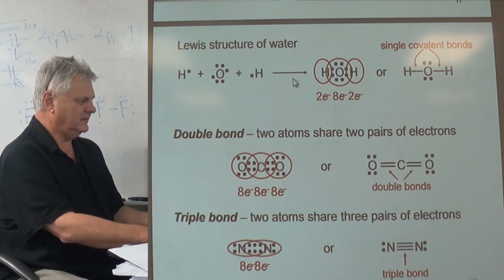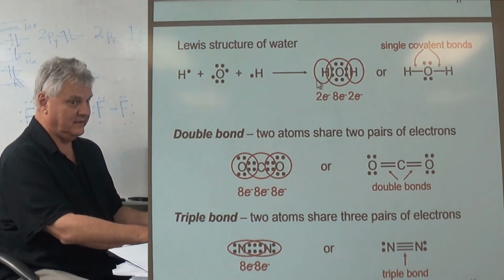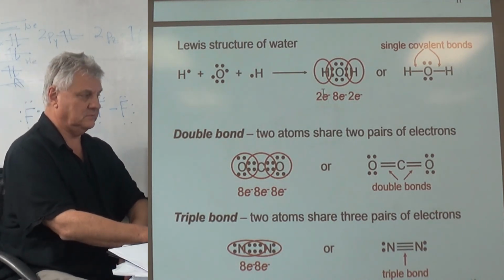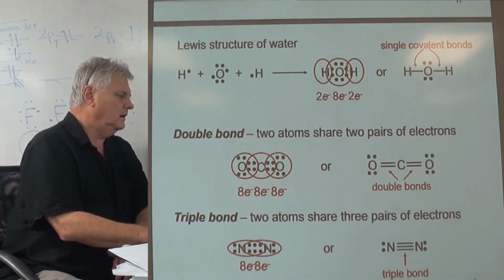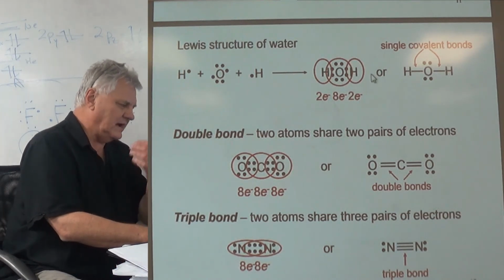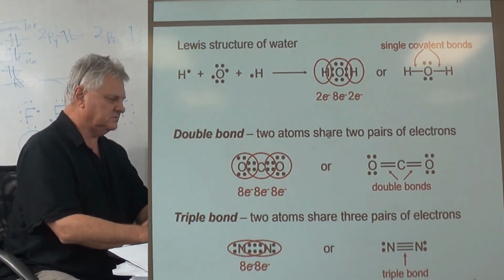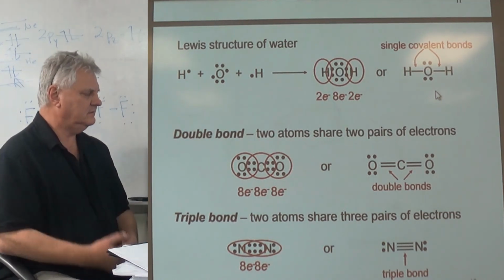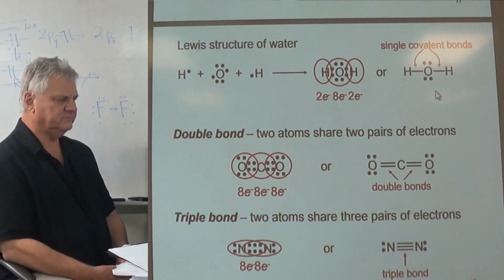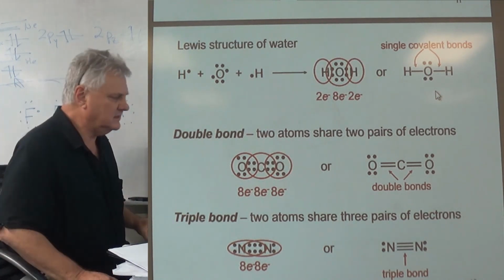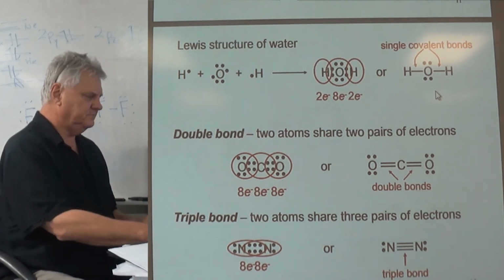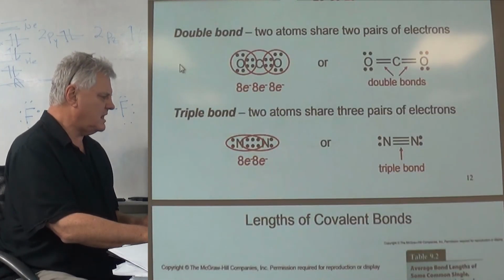The hydrogen really has 2 electrons around it, similar to helium. So the hydrogen is not obeying the octet rule, so to speak, but the oxygen is. And so we justify water: oxygen forming 2 covalent bonds to end up with an octet in the valence shell.